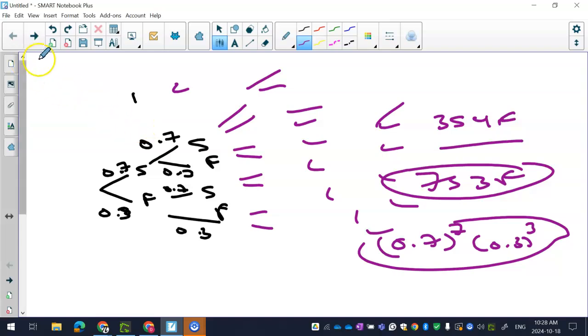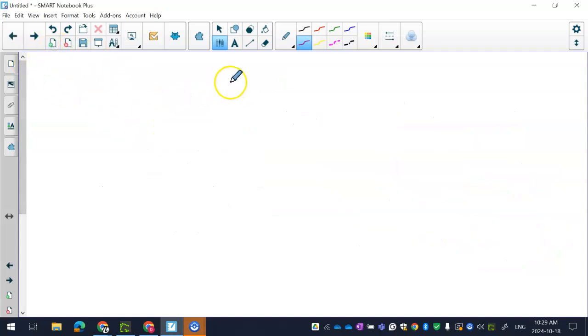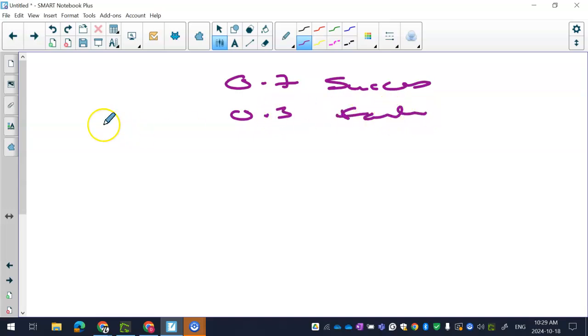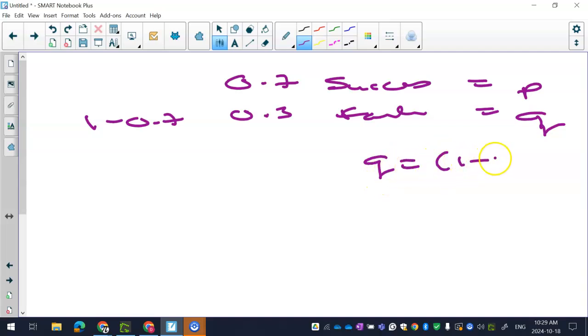So what that means is the following. If I want to know if there's a 70% chance, or a 0.7 chance of success, that means there has to be a 0.3 chance of failure. Now, how do we get that? That's 1 minus 0.7. We call the rate of success p, and we call this q. If you don't see q, what you see instead of q is 1 minus p.